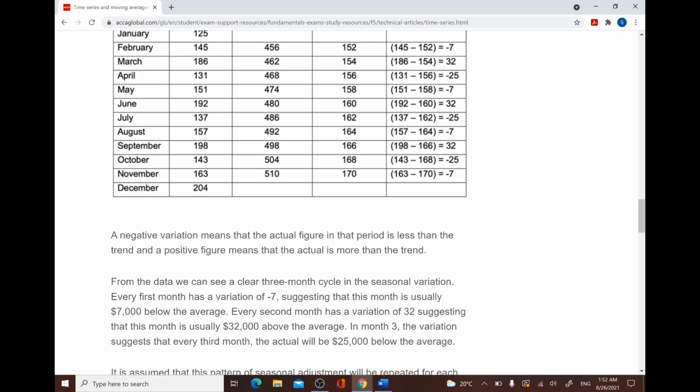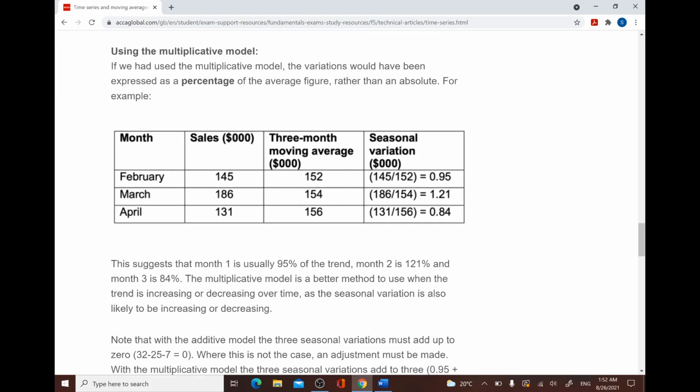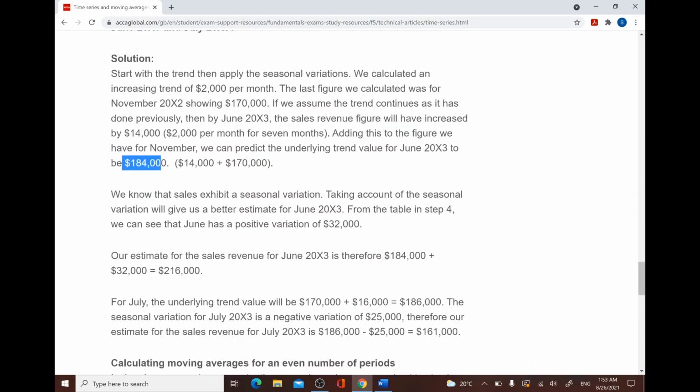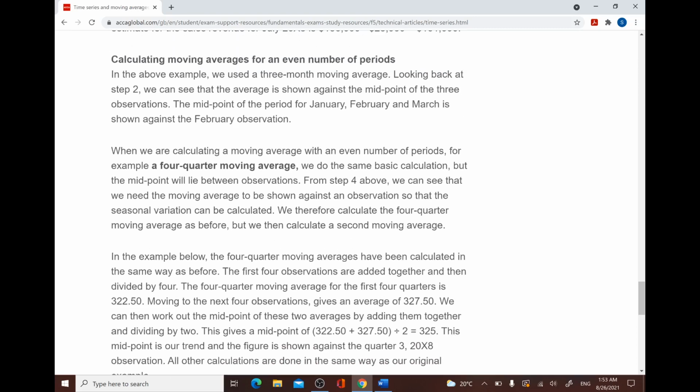Am I correct for the trend? So you take 176 in February, that's the trend, and multiply by 0.95. Based on the February trend, when you multiply by 0.95, you get next year's predicted sales. Of course, it's the same for other periods. Is this quite straightforward? I would say so.